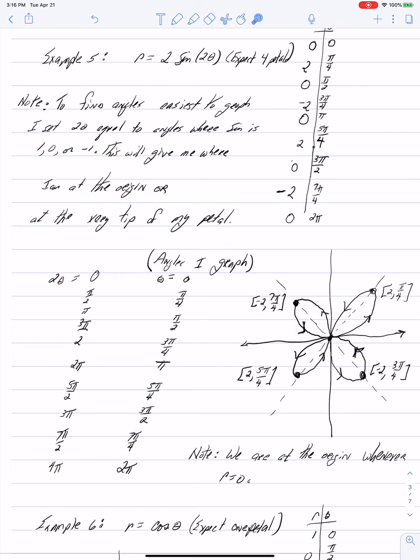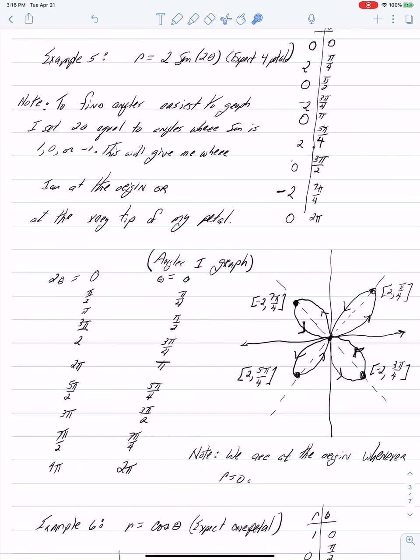But when I set 2 theta equal to this, then what's theta? Well, I have to take each of these values and divide by 2. So the angles I want to look at are 0, pi over 4, pi over 2, which is pi divided by 2, 3 pi over 4, which is 3 pi over 2 divided by 2.